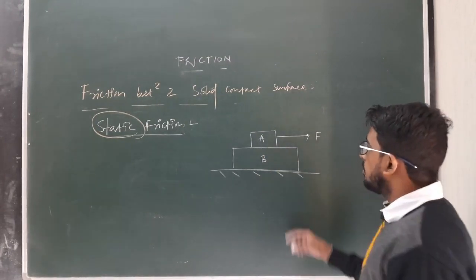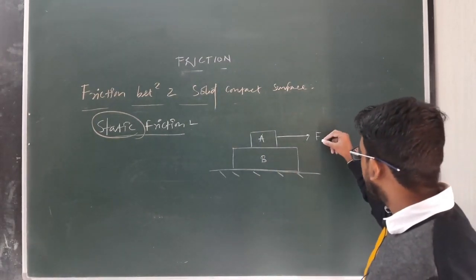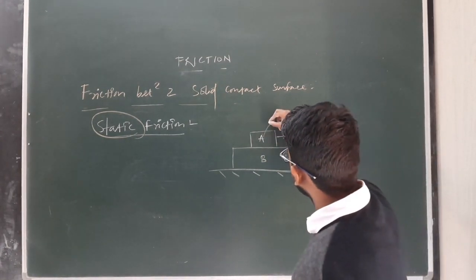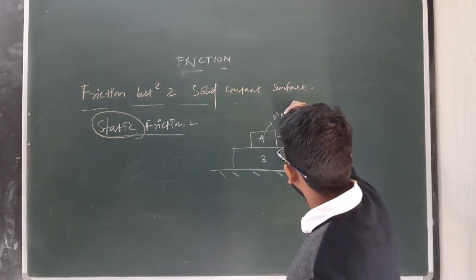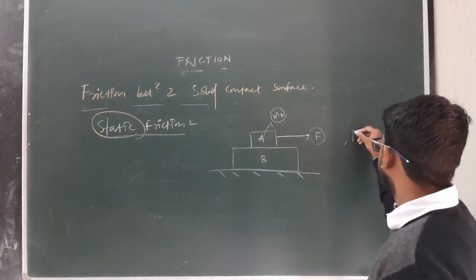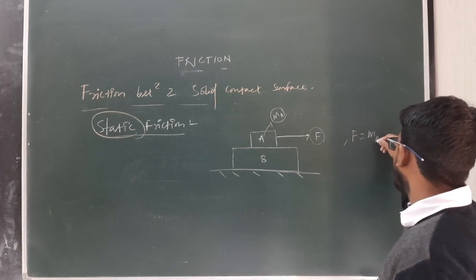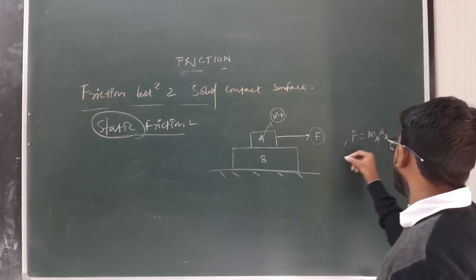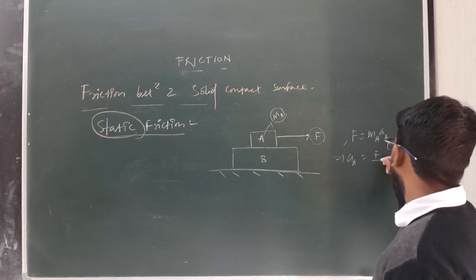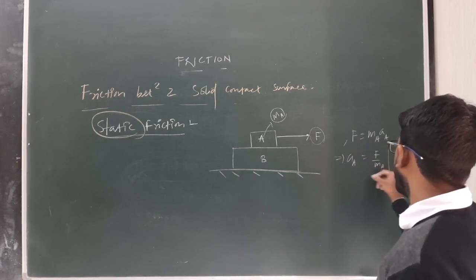That means according to Newton's second law, whenever there is an external force acting on any body, if the mass of this block is m_A, clear? So it might have an acceleration because the applied force F can be written as mass of the block A into acceleration of block A. So we can write the acceleration of block A will be equal to F by m_A, clear?